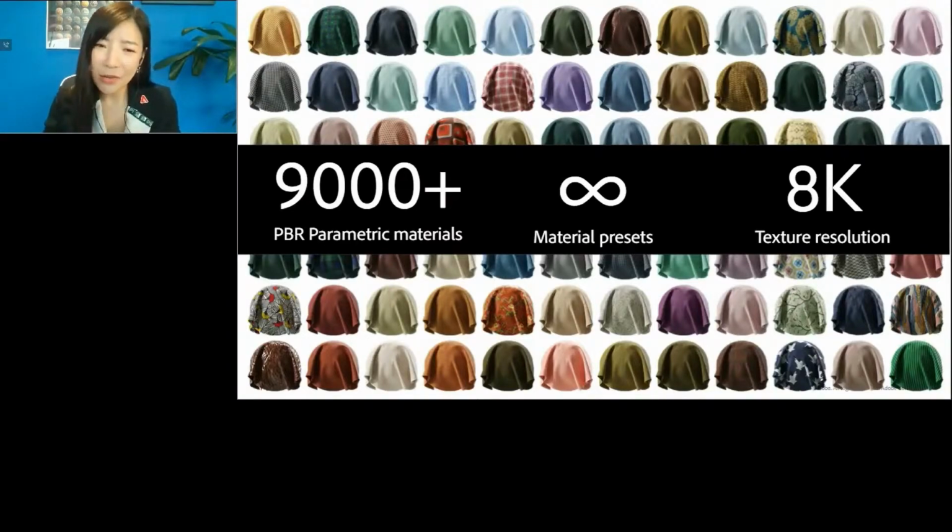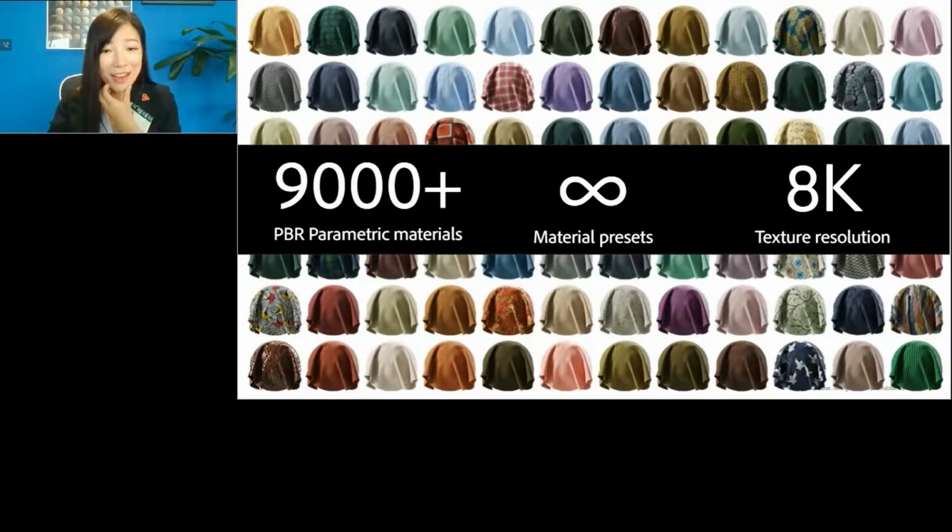Because you see, it's 9,000 PBR parametric materials. It sounds like a lot, but actually it's because it's based on parametric. What does parametric mean? It means for each one, you can change the colors, the patterns, reflections, designs. So it's just infinite, like an unlimited library. From one, you can generate more than hundreds.